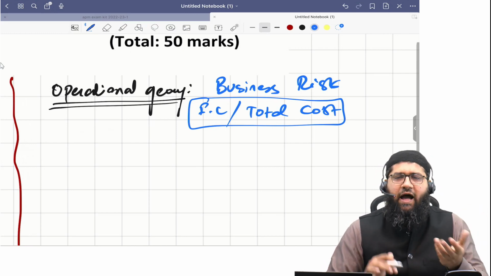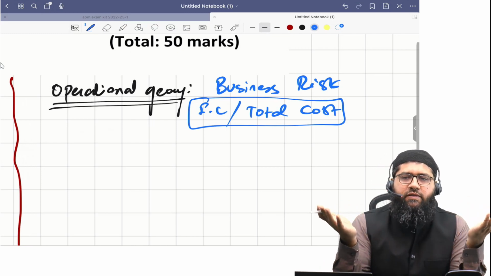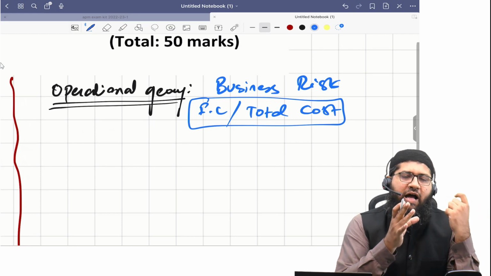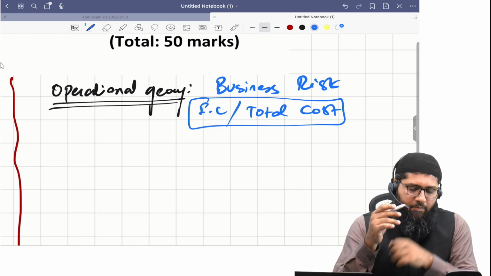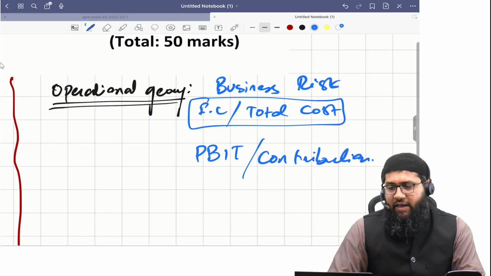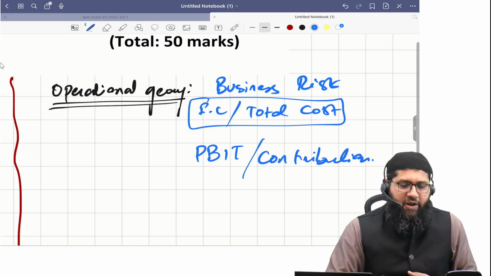When the fixed cost is high, irrespective of what happens with revenue, your costs are still going to be there. So if fixed cost is a high proportion of total cost, that's a problem. At times another formula is used, which is PBIT upon contribution.